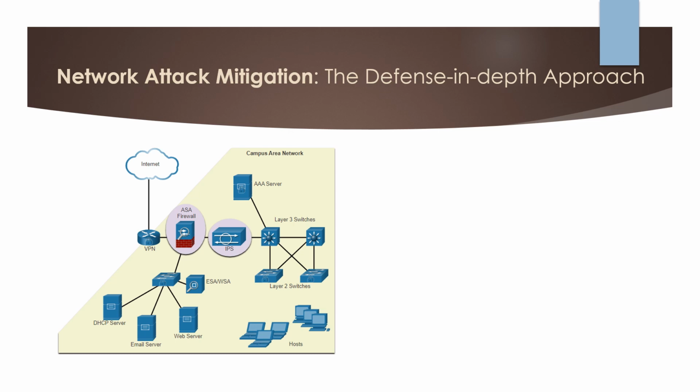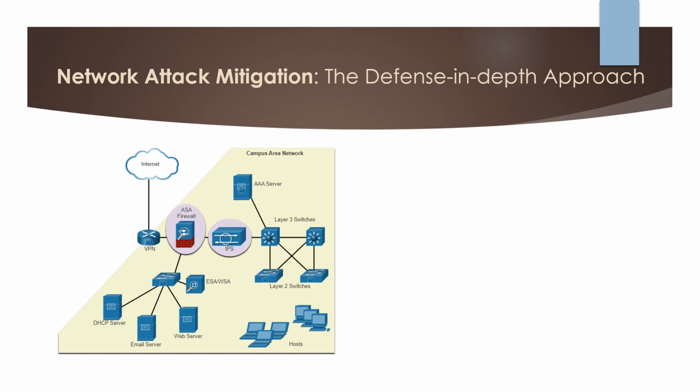In the first part of the network security fundamentals, we learned how threat actors can break into networks. And now we have to understand what to do to prevent this unauthorized access. To mitigate network attacks, you must first secure devices including routers, switches, servers, and hosts.